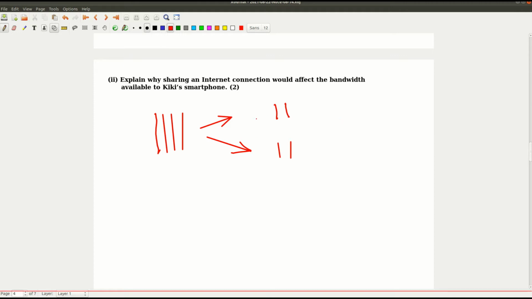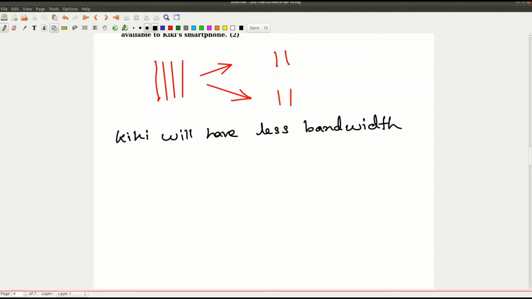So what we can write, Kiki will have less bandwidth, right? Kiki will have less bandwidth because it is fixed, right?